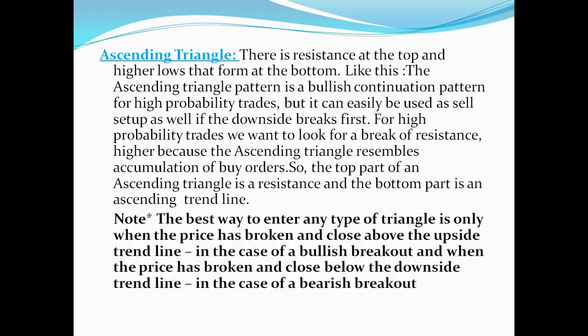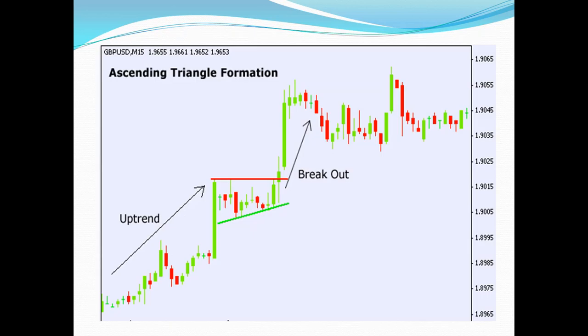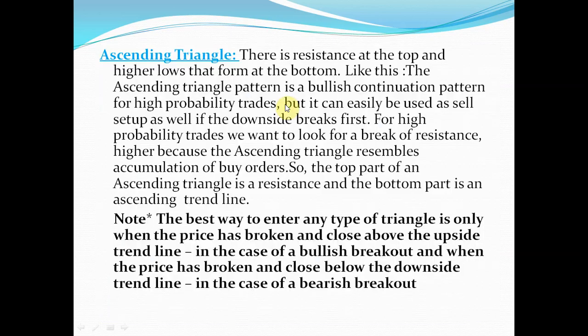Ascending triangle, I already explained. There is a resistance at the top. You see here, ascending triangle. There is a resistance at the top. You see the stock is going in an upward direction, and then again it is range bound, then it is going for a breakout.